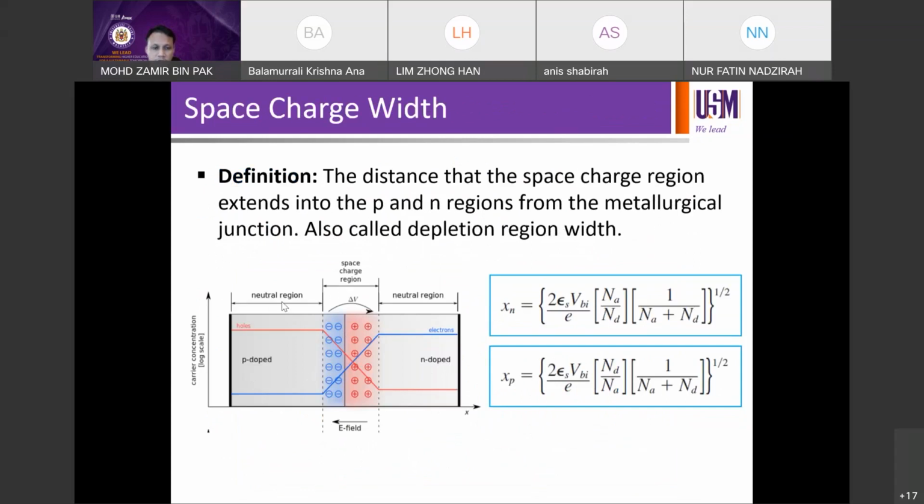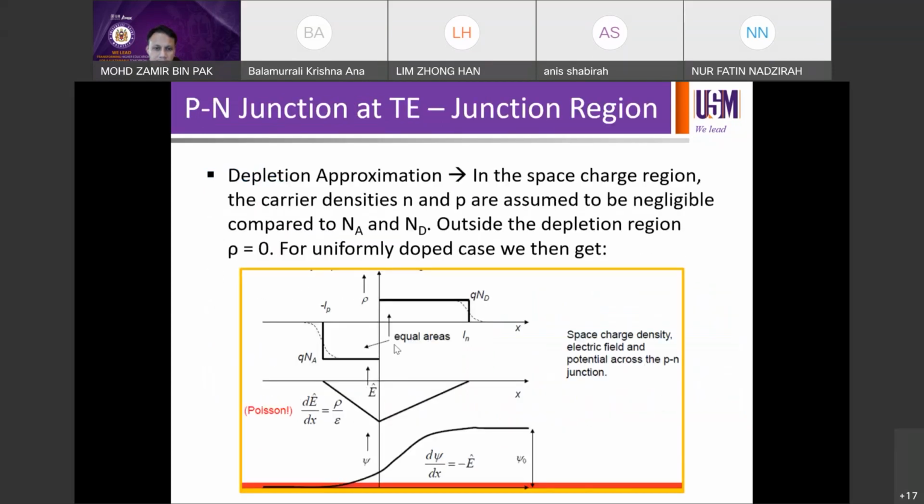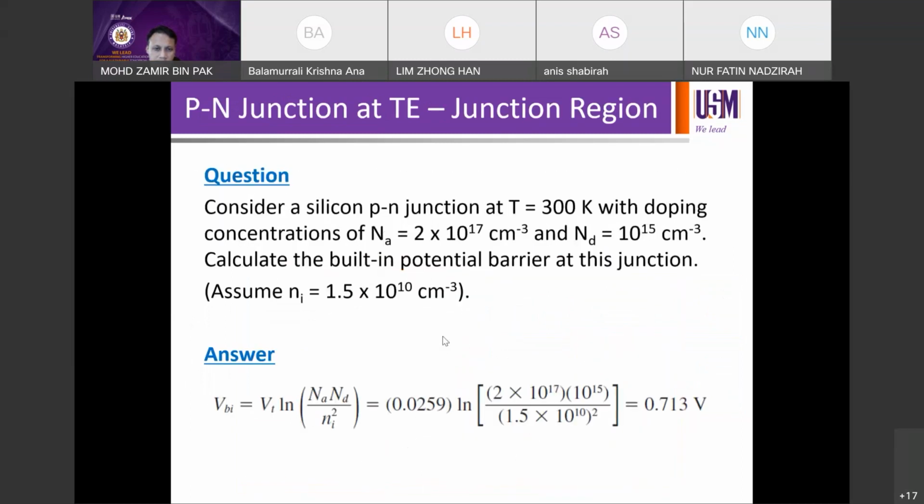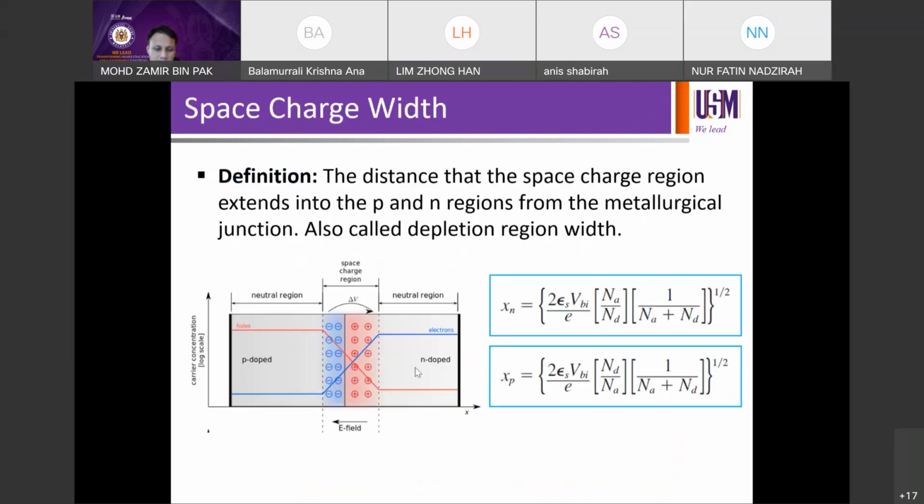And then you have neutral region further into p-type, neutral region further into n-type, but you only have space charge region right across, right near the junction. Okay, remember last time we talked about this, these areas, and also these areas is actually referring to these areas. Okay, these areas. So that means outside this region to the left, outside this region to the right, you can assume that both p-type and n-type are neutral in nature. There is no space charge at all.